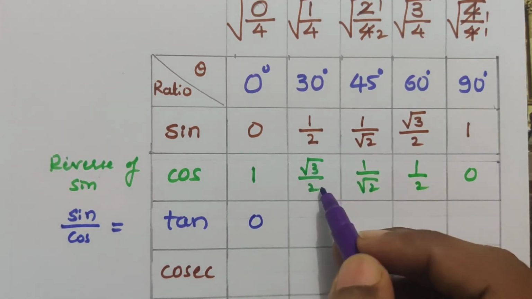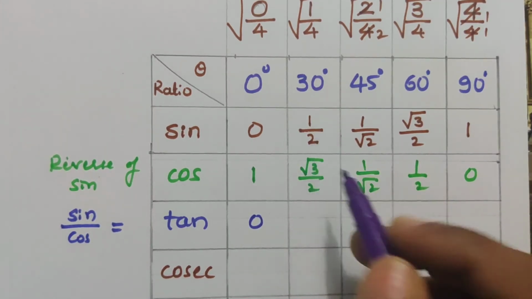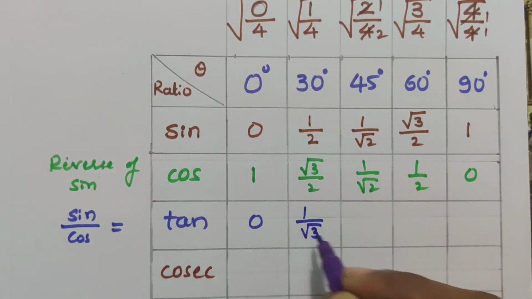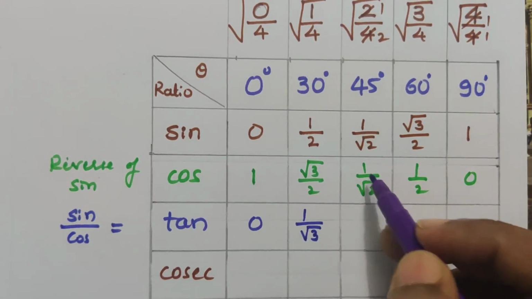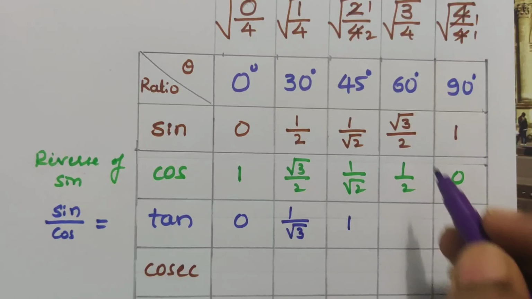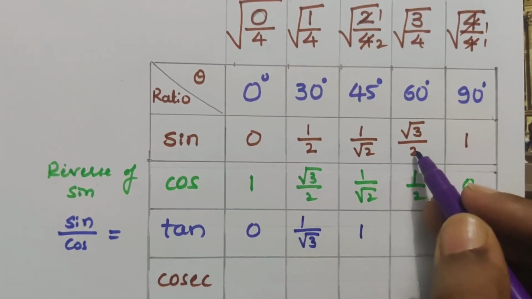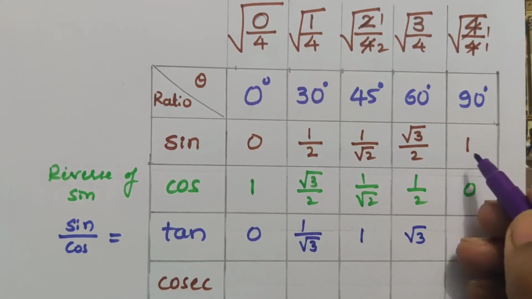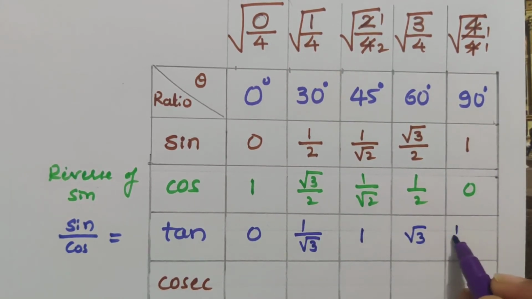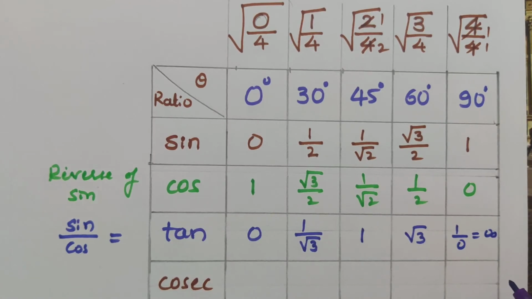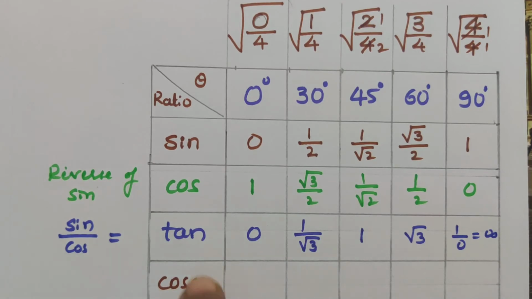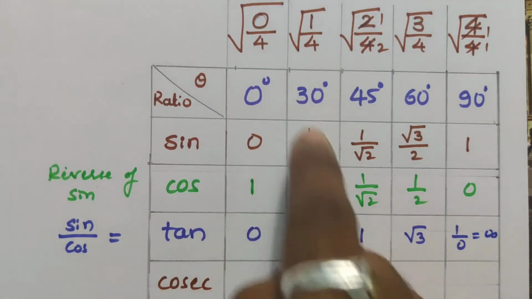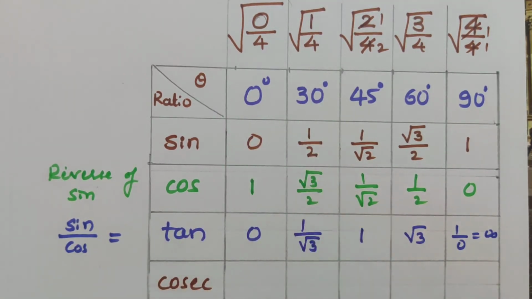Then this by this, so 2 cancels and 1 by root 3. Same number divided by same number is 1. If you divide this one by this, 2 cancels, so only root 3 will remain. Then 1 by 0 is infinity, or you can say not defined. So this became the tan ratio. That means tan 0 is 0, tan 30 is this. These are all the fixed values.